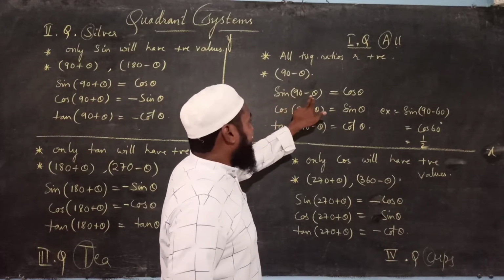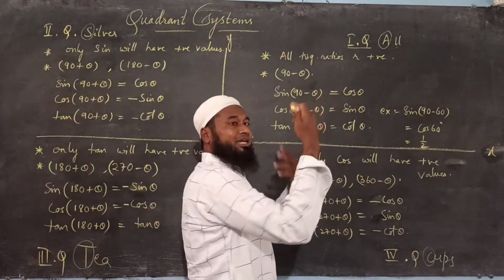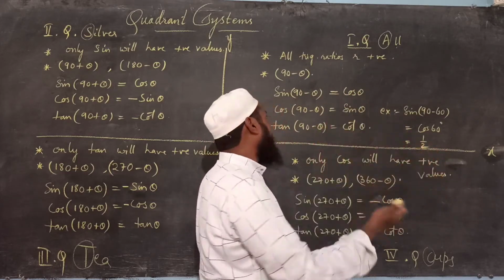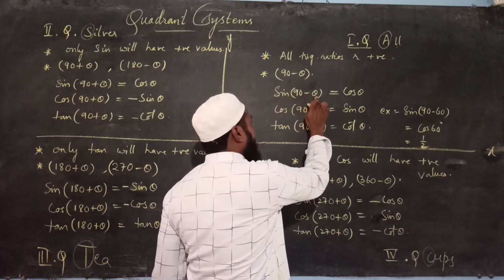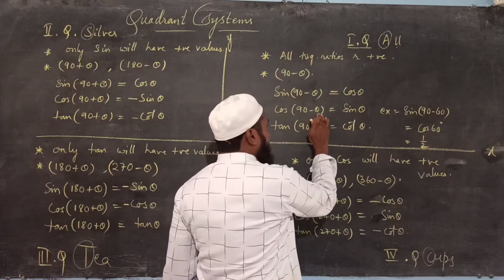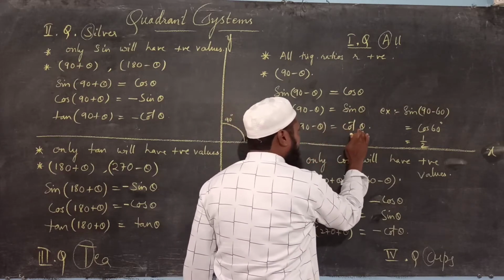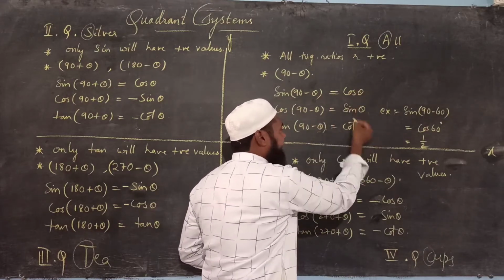Now sin 90 minus theta, if you get any angle of this way, in place of theta you may get any angle, 10 degree, 20 degree, 30 degree, 45, 60 degree, anything you can get here. Even you can get 90 degree also. So sin 90 minus theta, answer will be cos theta. Cos 90 minus theta, answer will be sin theta. Tan 90 minus theta, answer will be cot theta.